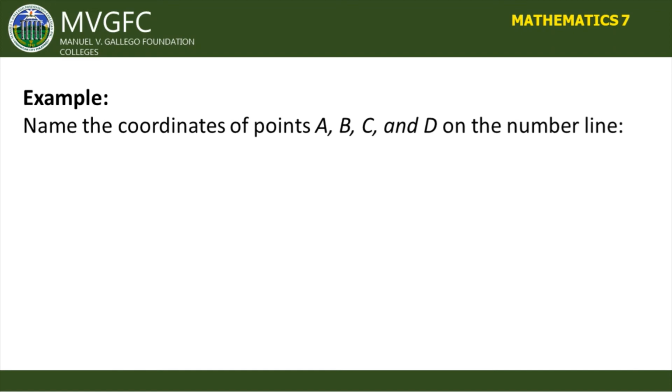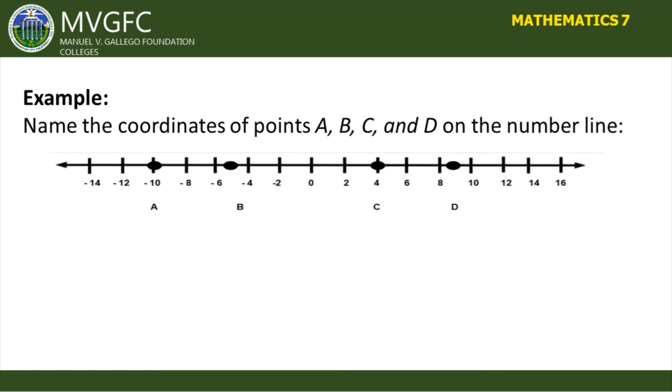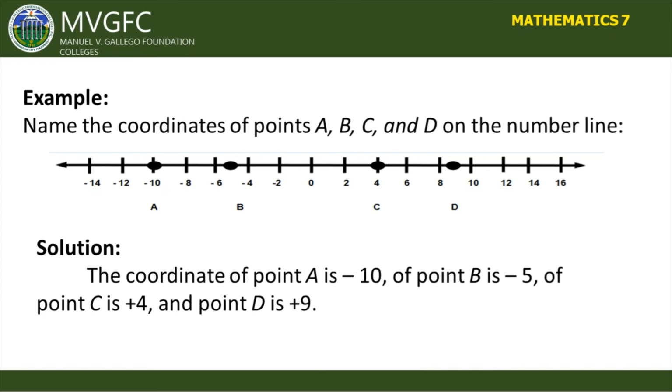So we have now to use the coordinates of the points. These are the numbers assigned to the points on the number line. For example, we have to name the coordinates of points A, B, C, and D on the number line. Observing the points on the number line, we can answer now that the coordinate of point A is -10.